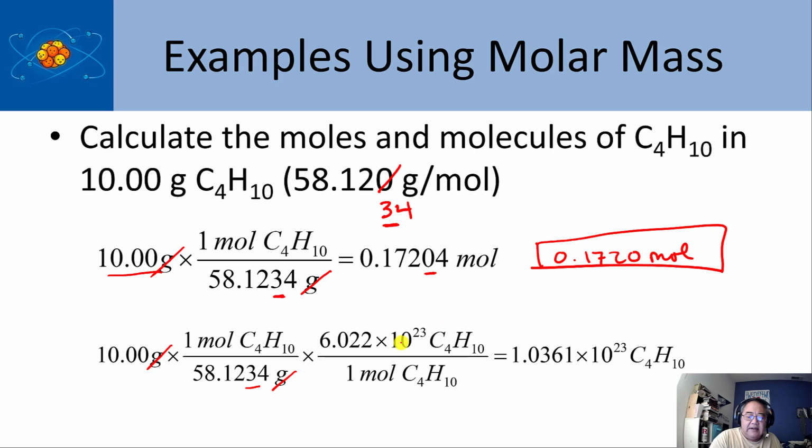And then there's an Avogadro's number worth of molecules in 1 mole of those molecules. And so then this will cancel, and I'll do the calculation. And I'll end up with this as my answer, again with 4 significant figures. So this becomes 1.036 times 10 to the 23rd C4H10s, like that.